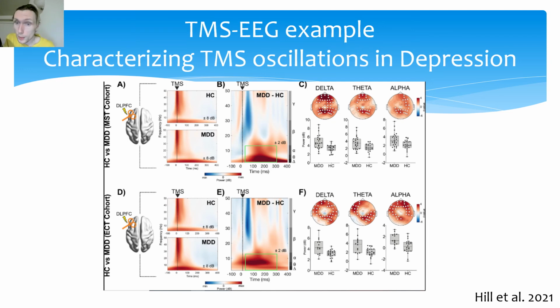Because we interfered with TMS, we know that these delta, theta, and alpha oscillations are causally involved with the symptoms of depression compared to healthy controls. And that's quite cool, because then we know what we need to target if we want to treat depressive symptoms.